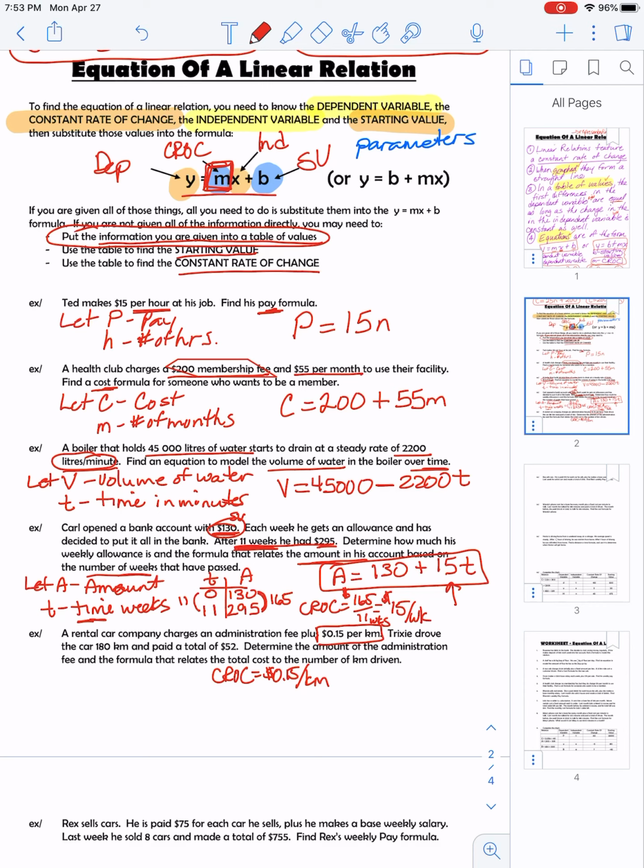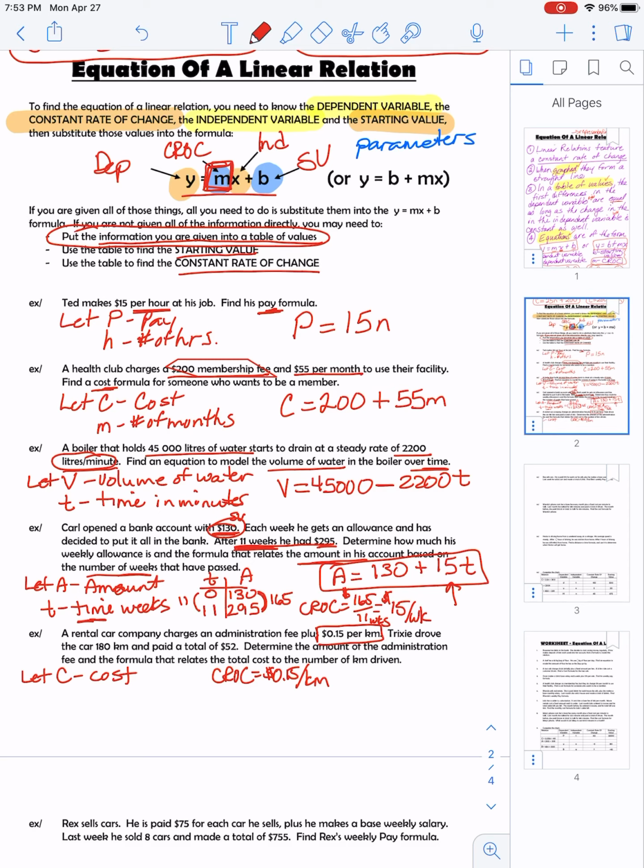All right, so we are going to let C be the cost. And this car rental company charges some kind of administration fee, so that would be the starting value. And they charge 15 cents per kilometer after that.